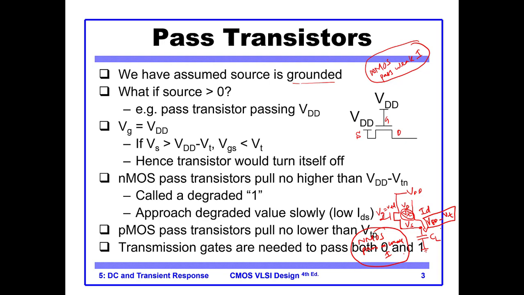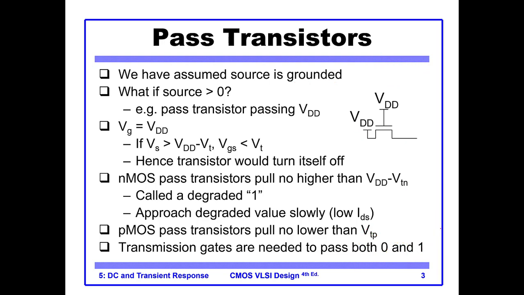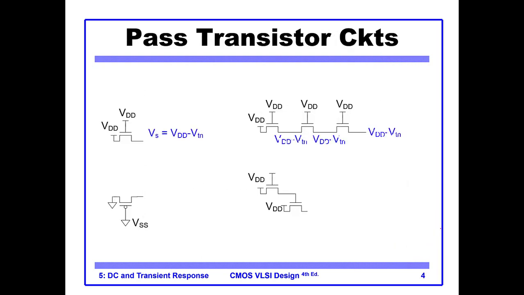Okay, so if you need both strong 1 and strong 0, we discussed that we need transmission gates. So again, here are two configurations. So the voltage at the source, if this is the drain, is always equal to VDD minus VTN. This N is for NMOS, and for PMOS the threshold voltage is represented by VTP.